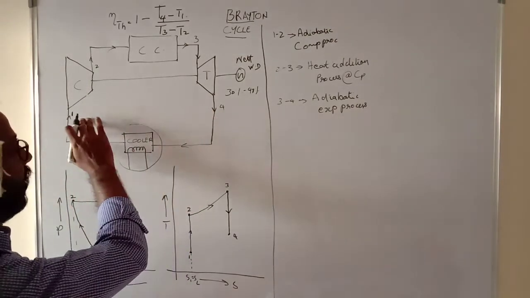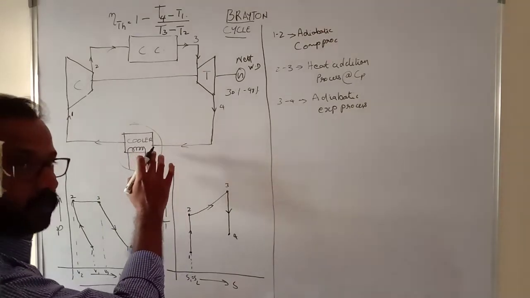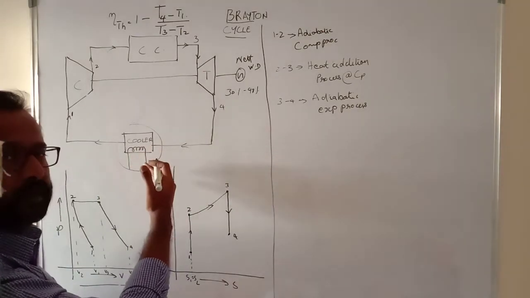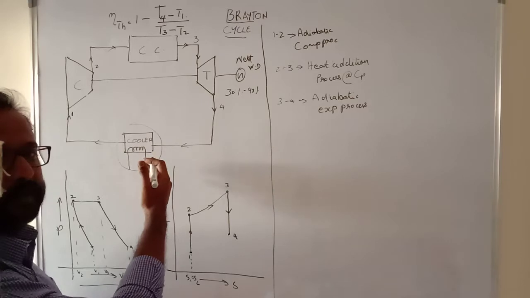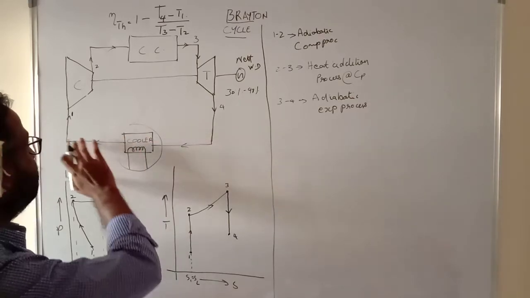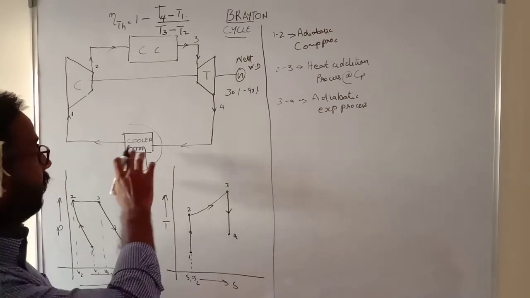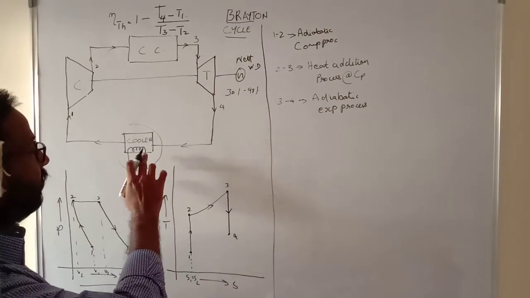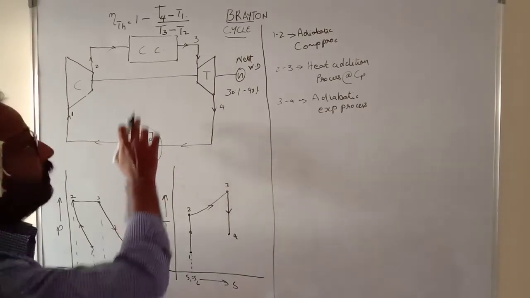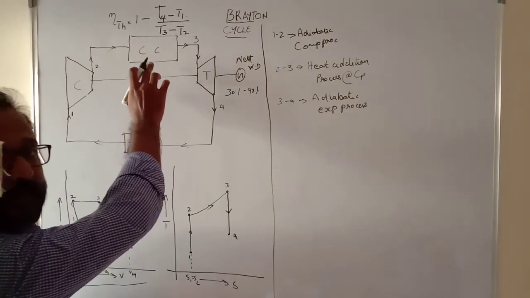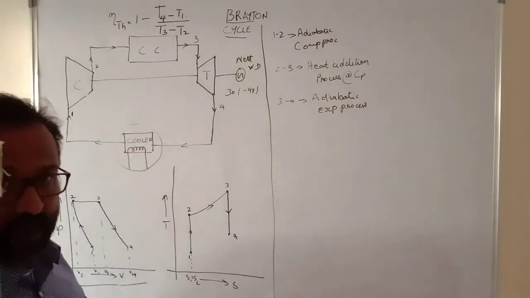Again, from 4 to 1, the hot air is sent inside a cooler by some condensation method or any other method, by air cooling method. The air is cooled and then sent back to the compressor, back again for compression. Now here it is a heat removal process, whereas it was heat addition when ignition and combustion happened.